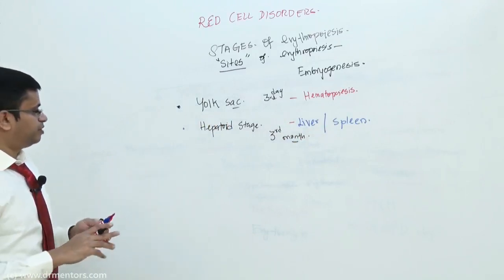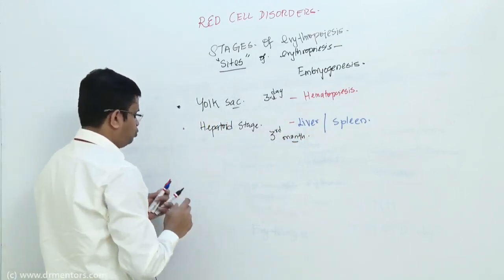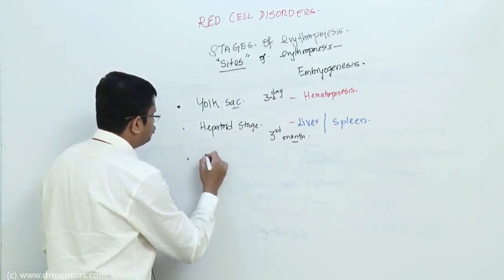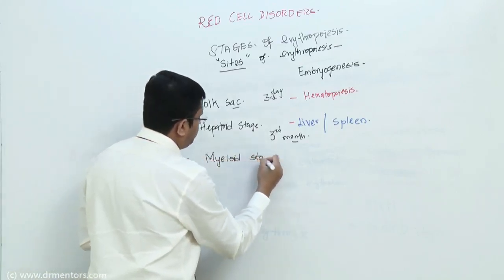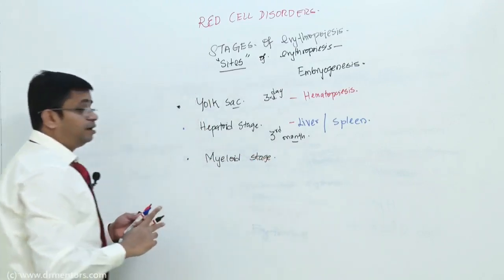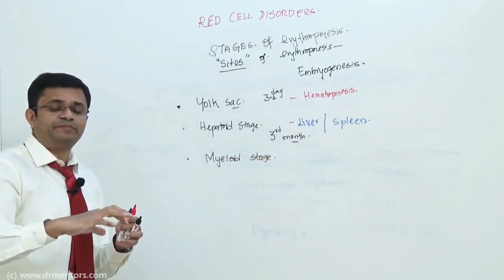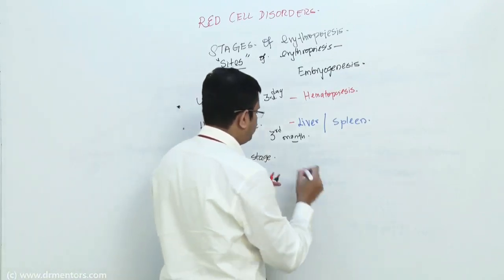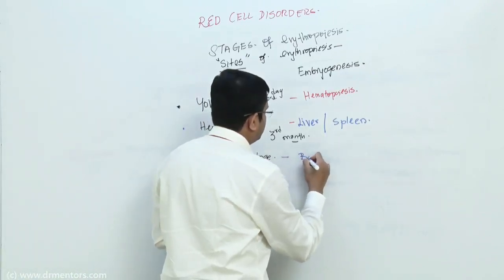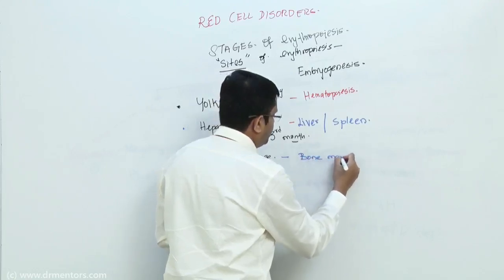The hepatic stage. Then finally you will have the last stage called the myeloid stage. The myeloid stage is where the entire hematopoiesis happens back in your bone marrow. So that's the place where you get the hematopoiesis.